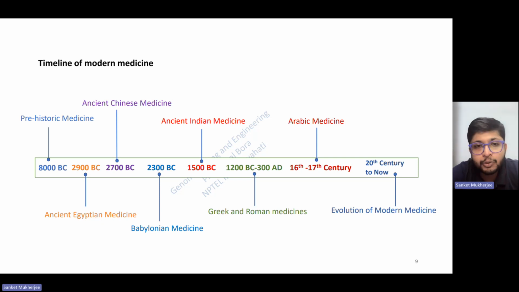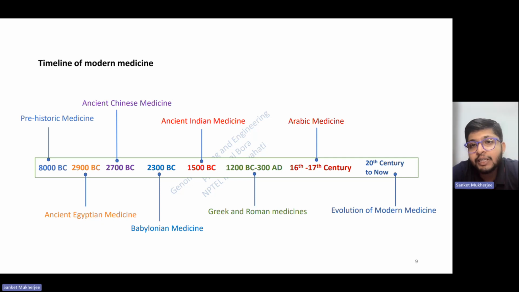Ancient Indian medicine was at around 1500 BC. A very important timeline. Greek and Roman medicines came up from 1200 BC to 300 AD, and the 16th to 17th century was the time for Arabic medicines. And from the 20th century till now, and even in the future, we have modern medicine, which is still evolving, and we are finding out a lot of things.